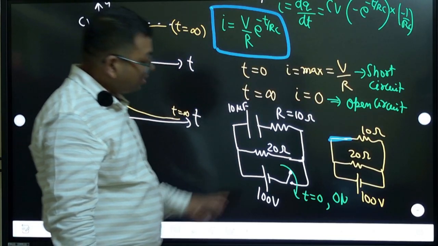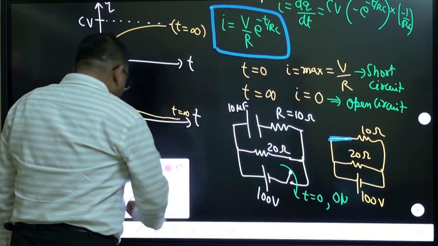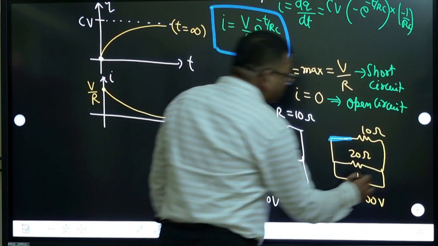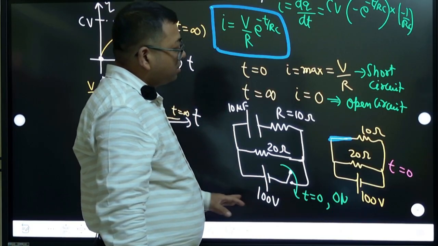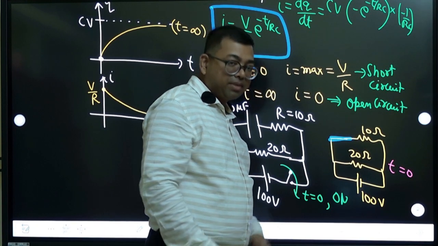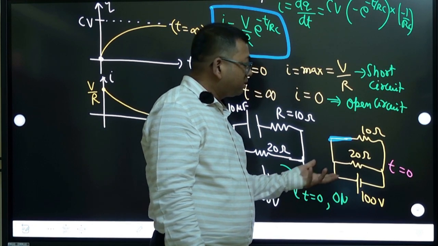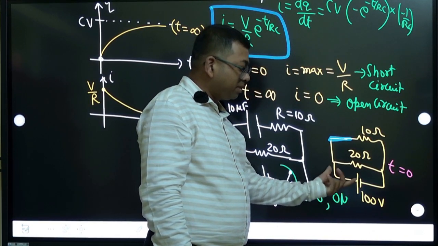This happens only at time 0. Now they may ask you to calculate the current here or here. This is a parallel combination, right? Both have the same 100 volt.